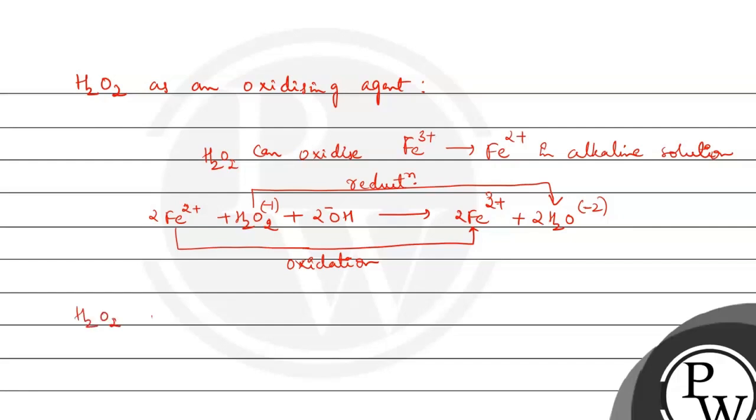So now we'll see the next role of H2O2, that is H2O2 as a reducing agent. So here H2O2 can reduce permanganate ion, that is MnO4 minus, to manganate ion, that is MnO4 2 minus, in alkaline solution.